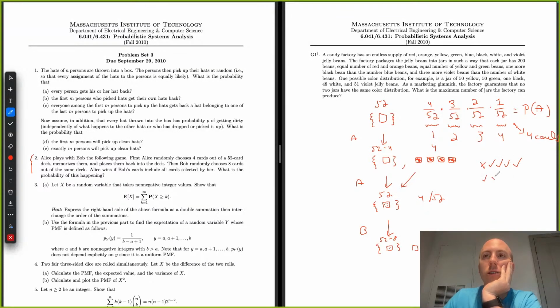Or the first card is good, or the second card is bad, or the third card is bad, or the fourth card is bad, or the fifth card is bad.